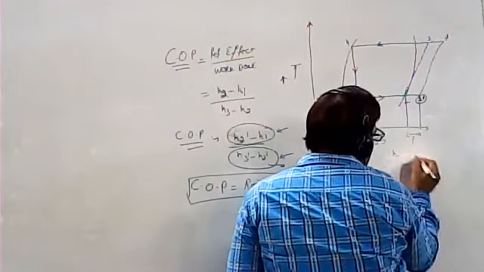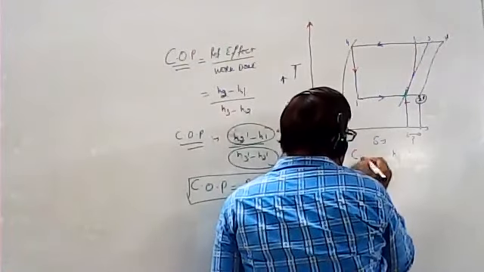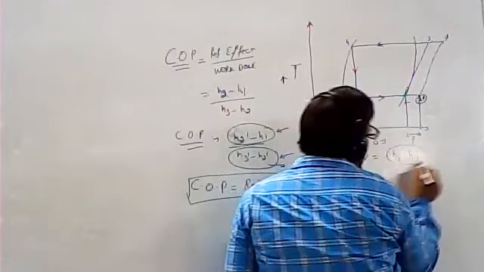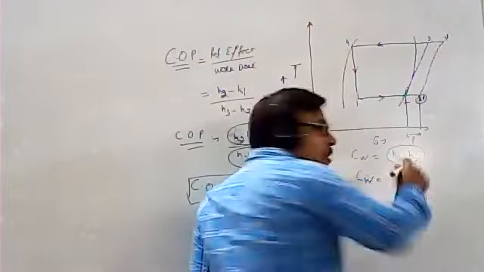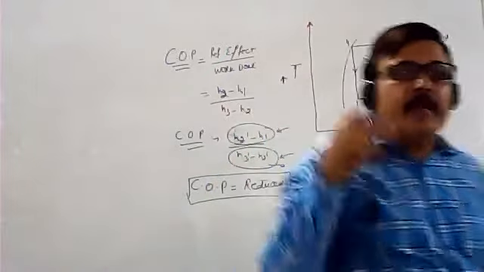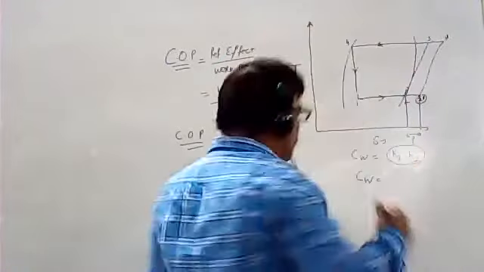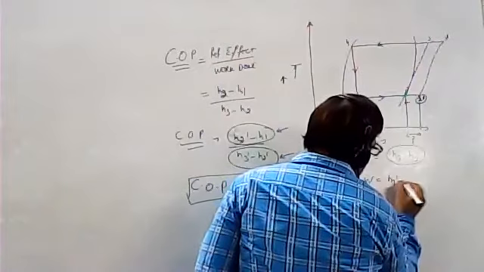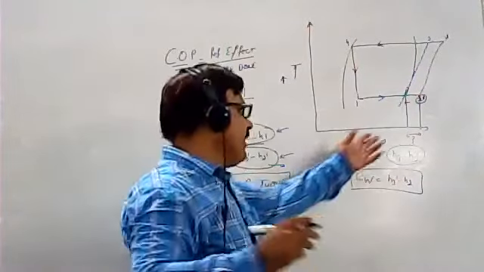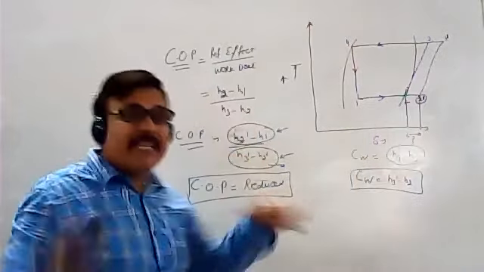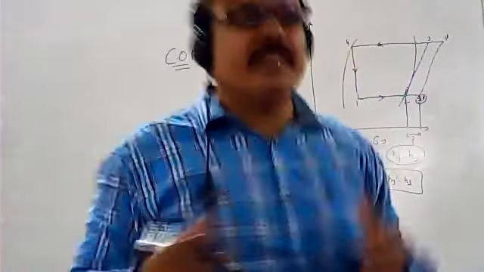First the compressor work was H3 minus H2. But after it compresses the superheated vapor, compressor work is also increased from H3 dash to H2 dash. So refrigeration effect will get increased on account of this increase in the work done by the compressor.